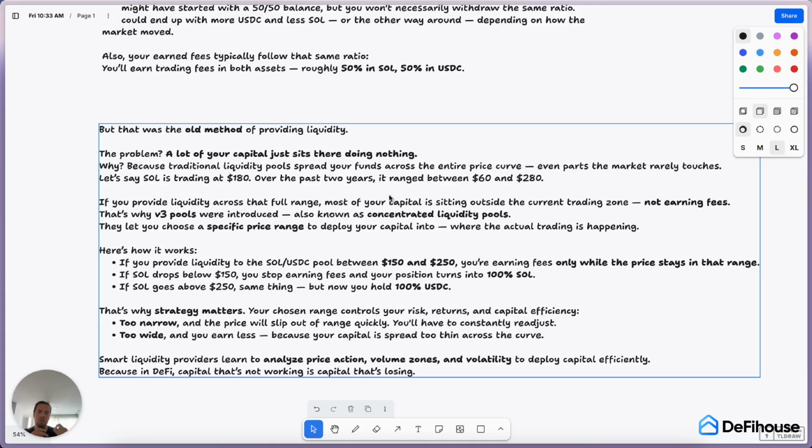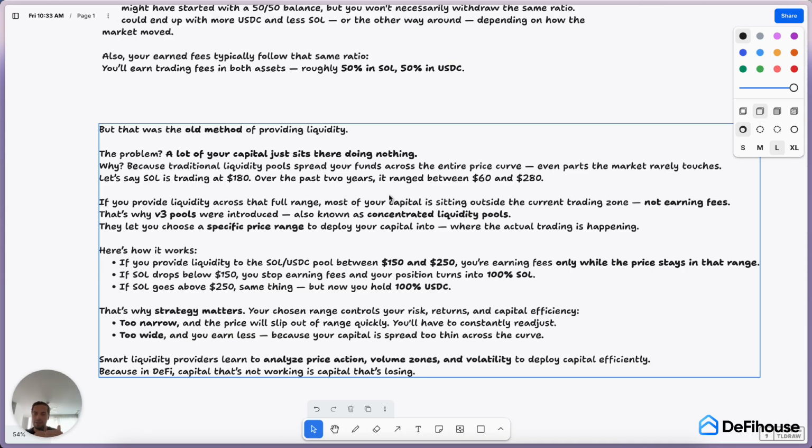So if the position goes out of range, your whole deposit, your whole money, will be converted into asset 1 or 2, depending on how the price broke out of the range. So you will be converted to asset 1, the first asset of the pool, in this case Solana, if the price goes down and below your specified range, and you will be converted to asset 2, in this case USDC, if the Solana price goes above 250.